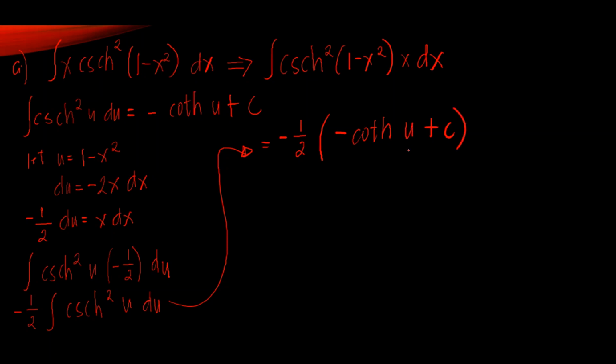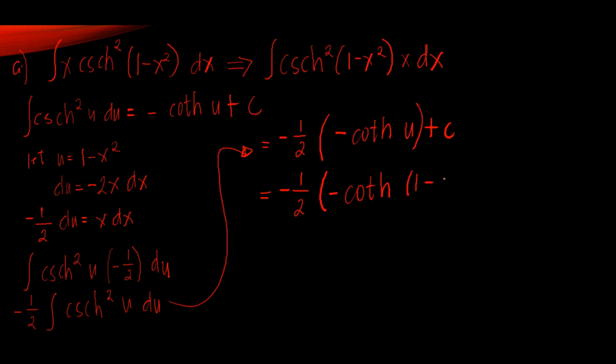Now, i-change natin si cotangent u, into variable x, into its original form. So, this will be equal to negative 1 half times negative cotangent hyperbolic u, where u is equal to 1 minus x squared.